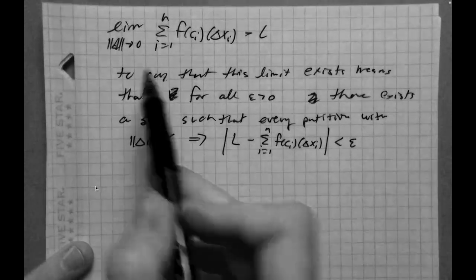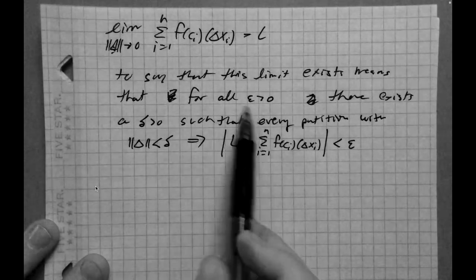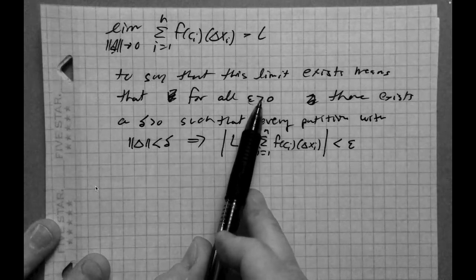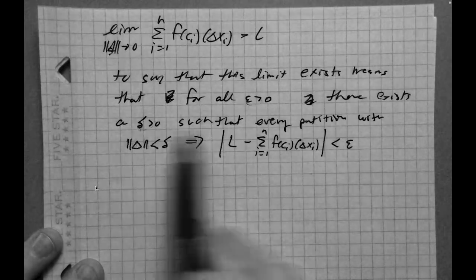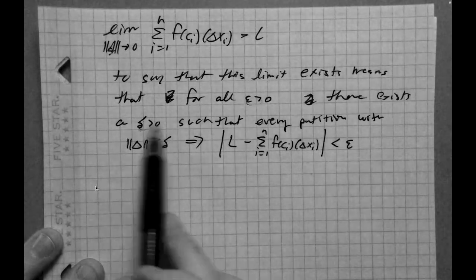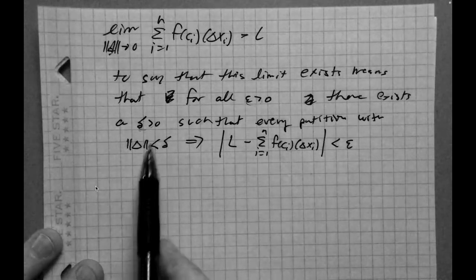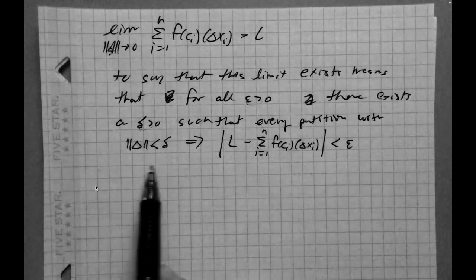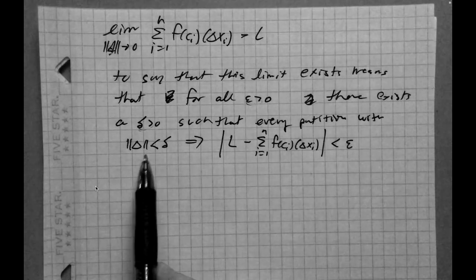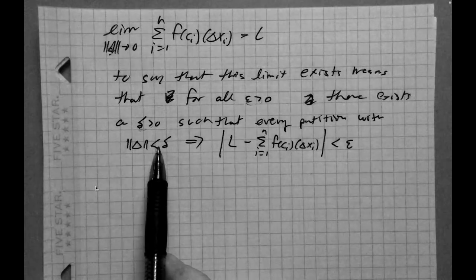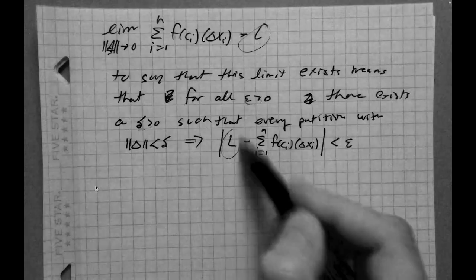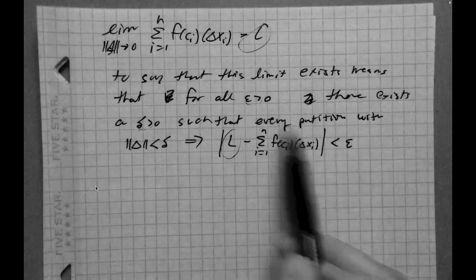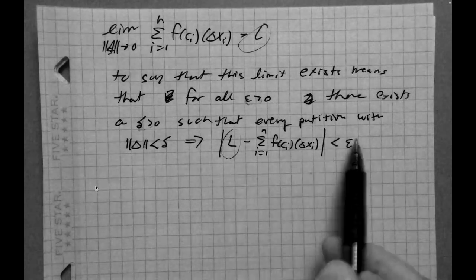So basically, if you give me an epsilon greater than 0, I'm going to be able to come up with a delta greater than 0 such that any time the norm of the partition is less than delta, i.e. the width of the largest subinterval is less than delta, then the limit value L minus the Riemann sum, the estimated area, is going to be less than epsilon.